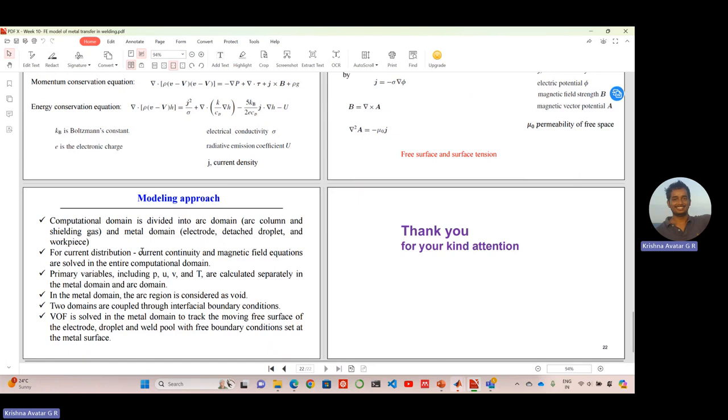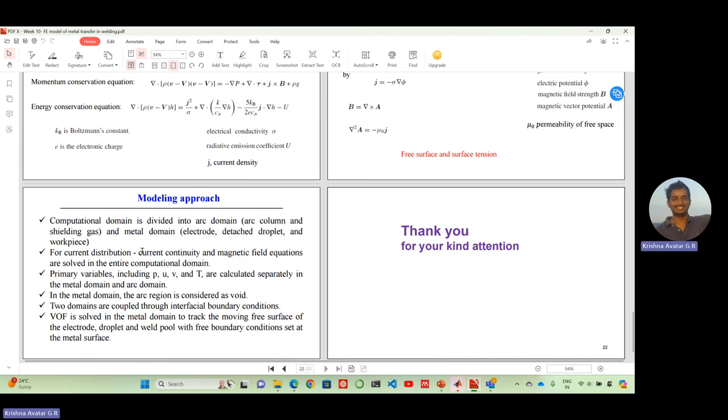The two domains are coupled through interfacial boundary conditions, essentially to ensure continuity. We'll have to prescribe some conditions at the interface. There will be some interactions going on between both domains, so we may require continuity of certain physical values, such as temperature distribution.